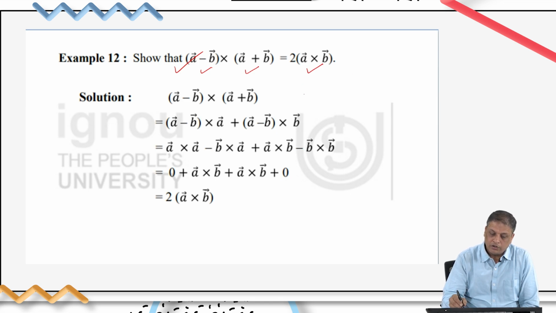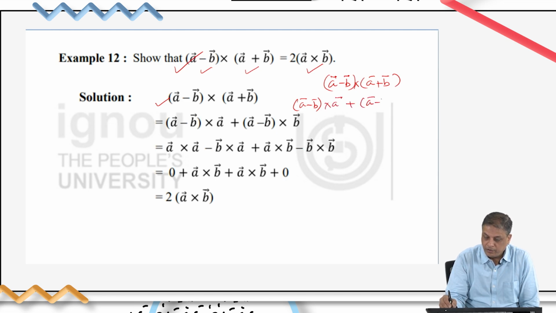So, just by opening the braces in a normal manner, you can write that A vector minus B vector into A vector plus B vector can be written as A vector minus B vector cross A vector plus A vector minus B vector cross B vector.